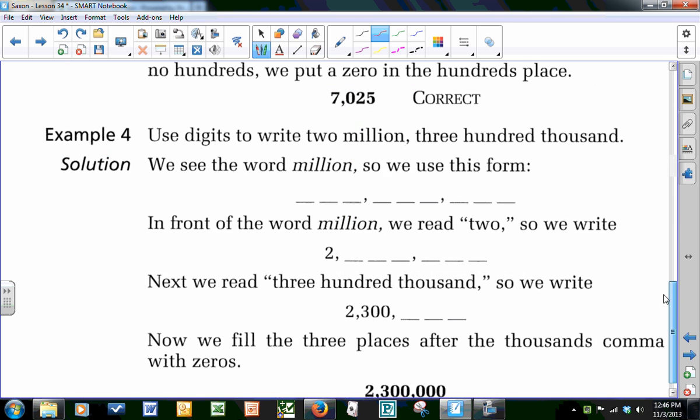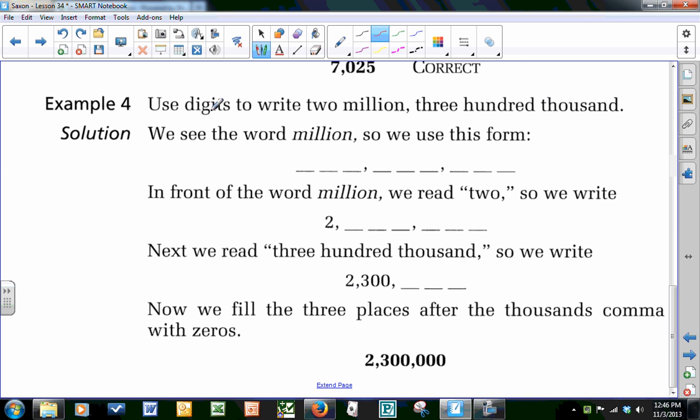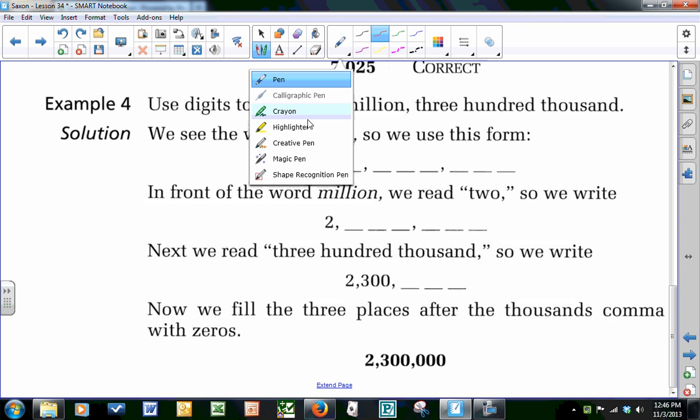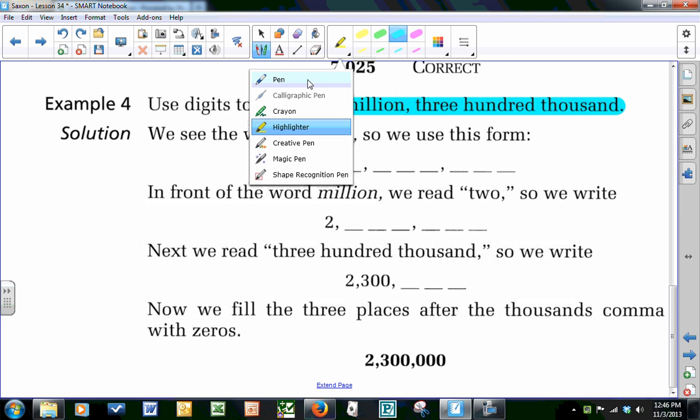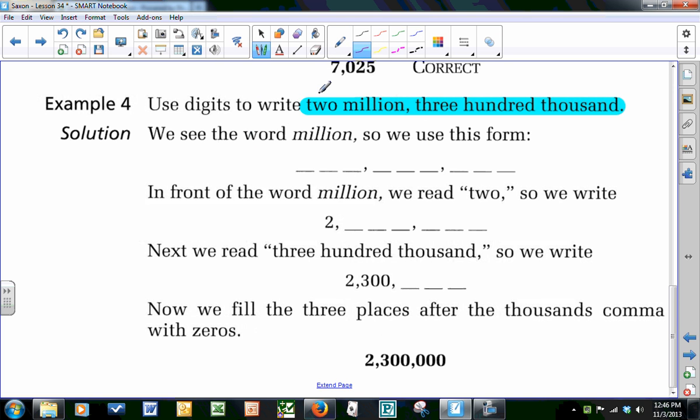One more sample. Here we once again are using digits to write. And here's our big number, like this one, 2,300,000. 2,300,000, okay? Now some of those words are number words, like two, that's a number word, but some of them are place value words, like million, all right?